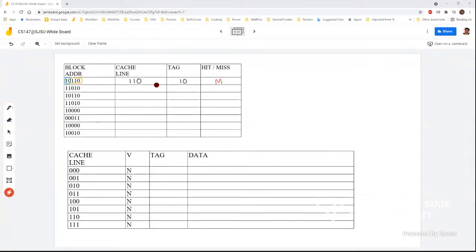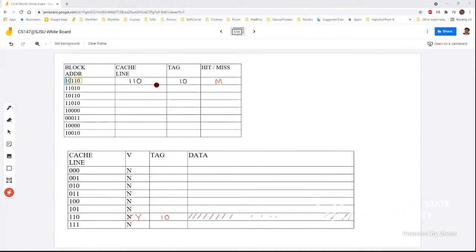Then it will fetch the data from the main memory for 110, fill out this entire data line, turn the valid bit to yes, and store a tag of 10. Then it accesses the corresponding index and returns the data to the processor.